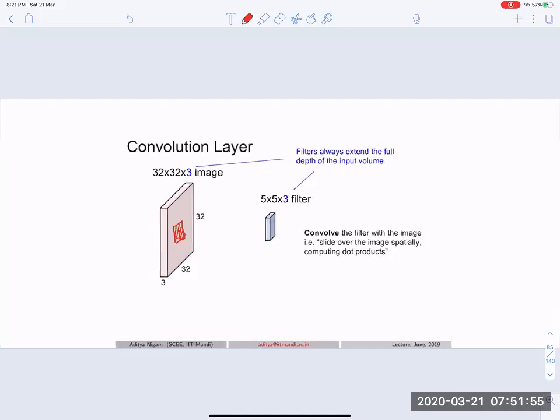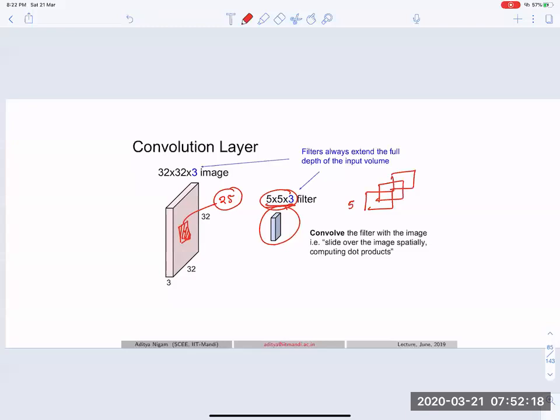And how many things are going to be there? There are 5 by 5, 25 things here. And this is a filter. So this filter is 5 by 5 by 3. It has a Rubik's cube type structure. This is a kernel. This is my filter, which has 5 and 5 and 3 such things.